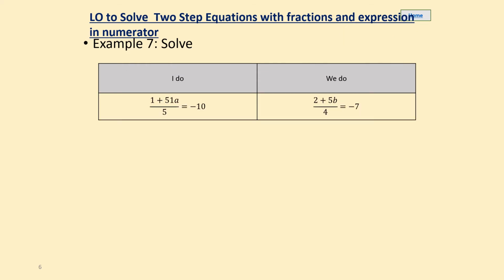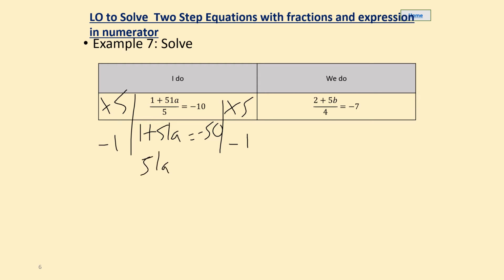Final one. So we're going to multiply both sides by 5. 1 plus 51a equals minus 50. We're going to subtract 1 from both sides.